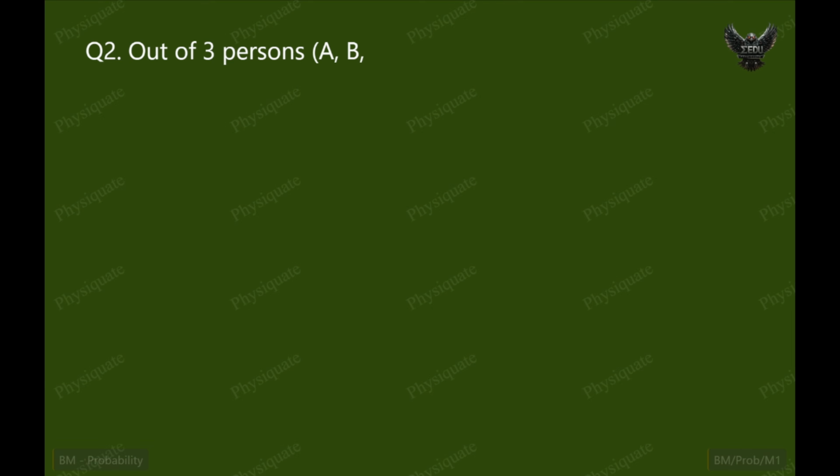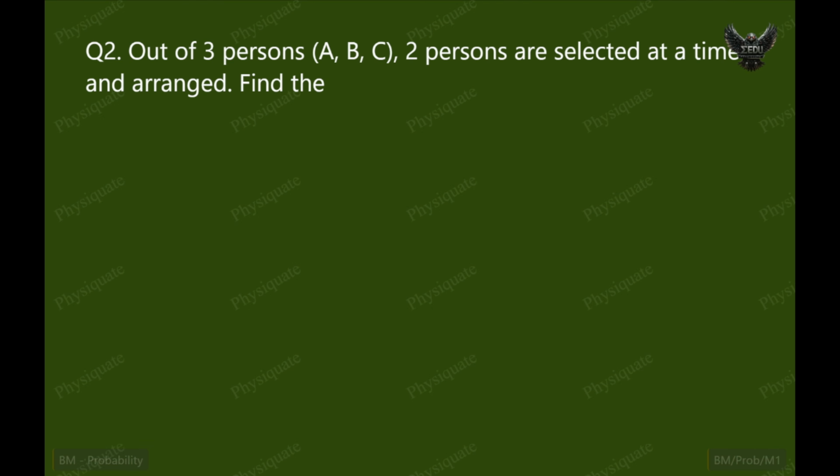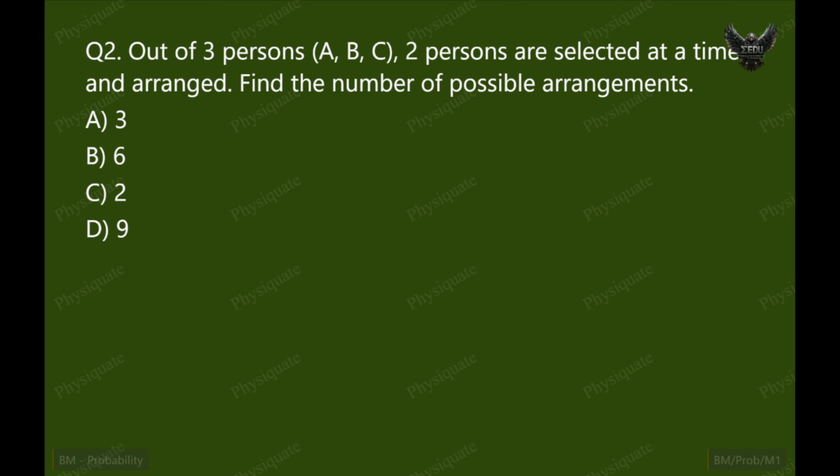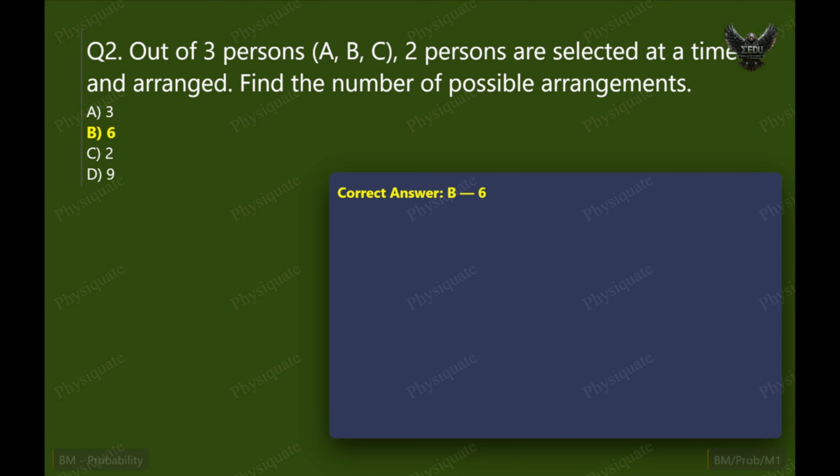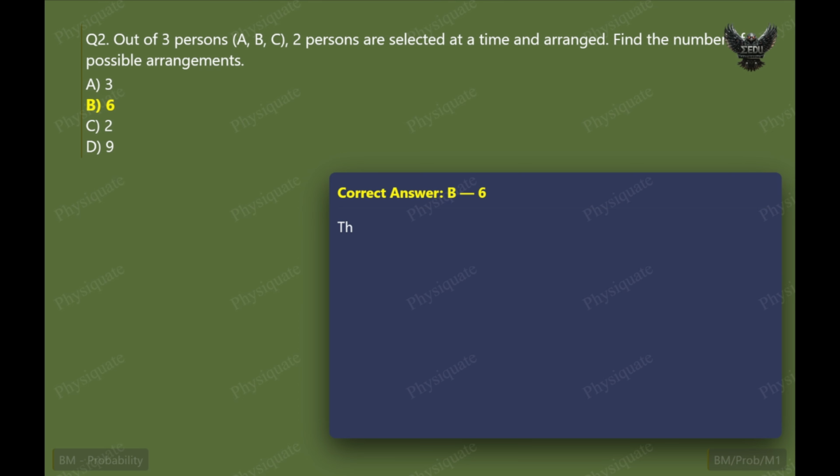Question 2. Out of 3 persons, A, B, C, 2 persons are selected at a time and arranged. Find the number of possible arrangements. 3 distinct persons A, B, and C are given, and 2 persons are to be selected and arranged.